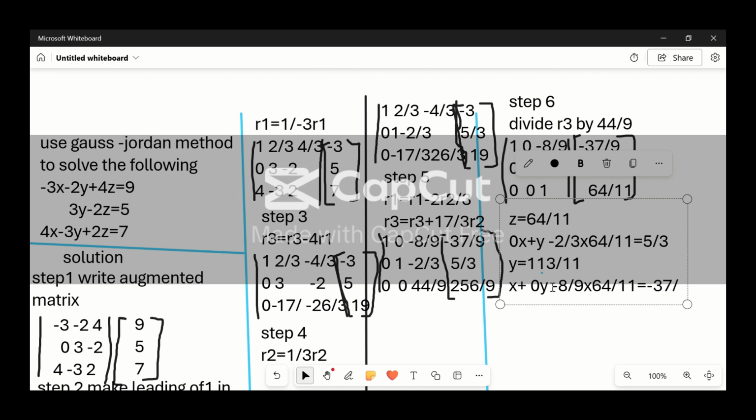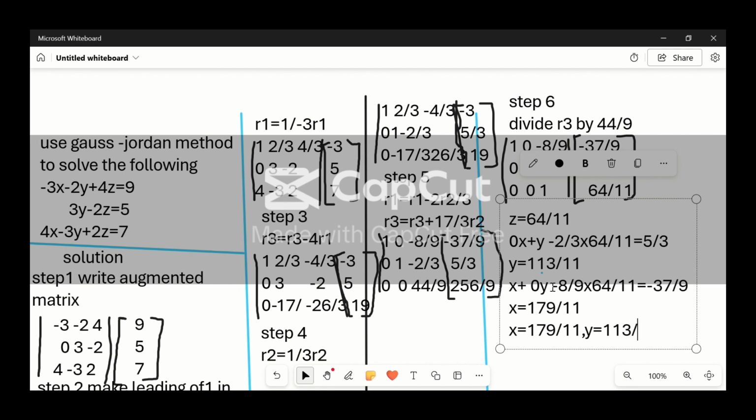So this will give us x equal to 179 divided by 11. In summary, the solution is x equal to 179 out of 11, y equal to 113 divided by 11, and z equal to 64 out of 11.